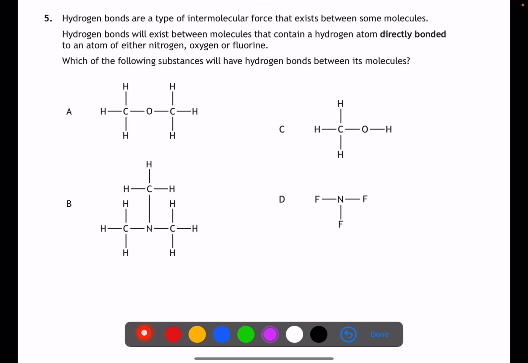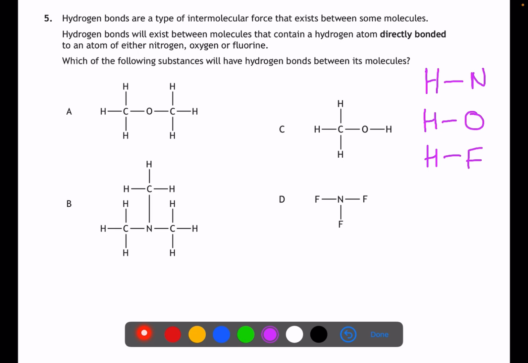Question 5. Hydrogen bonds are a type of intermolecular force that exists between some molecules. Hydrogen bonds will exist between molecules that contain a hydrogen atom directly bonded to an atom of either nitrogen, oxygen, or fluorine. Which of the following substances will have hydrogen bonds between its molecules? We're looking out for a molecule which has either a bond that looks like this, or like this.